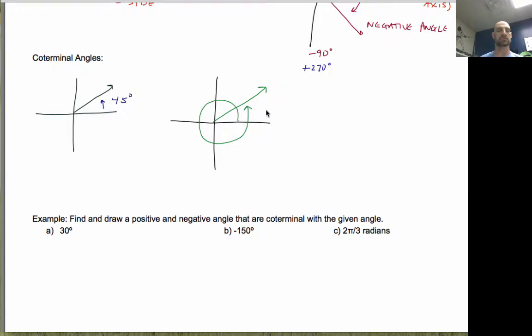Well, in that case, it's going to be 45 degrees plus a full revolution, which is equal to 405 degrees, okay? Coterminal angles are angles that share a terminal side.